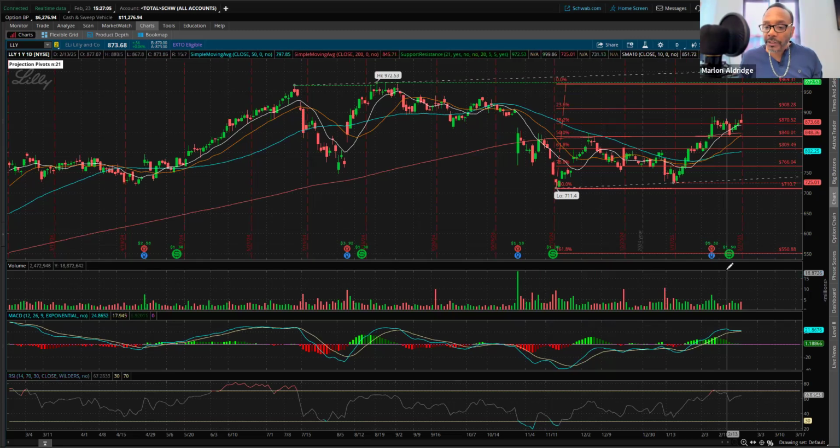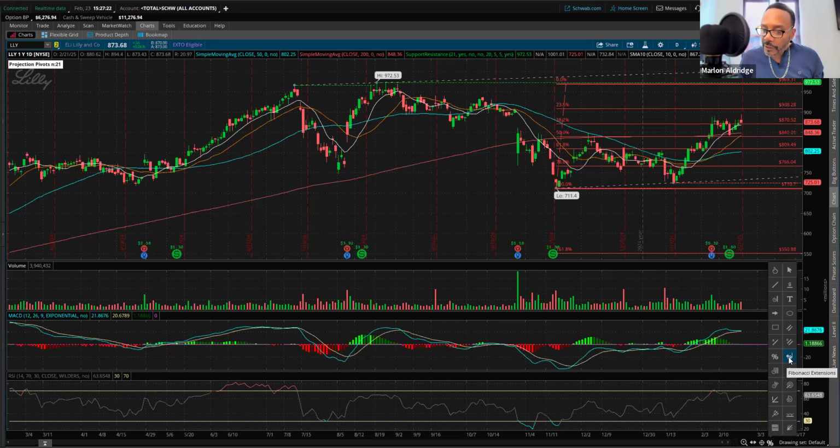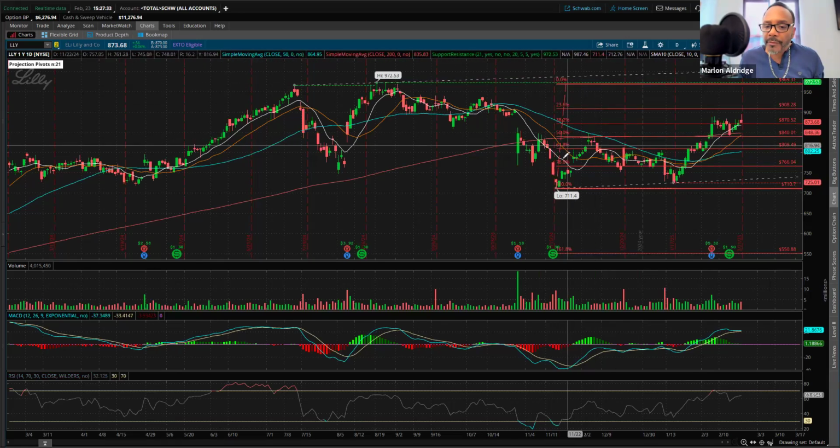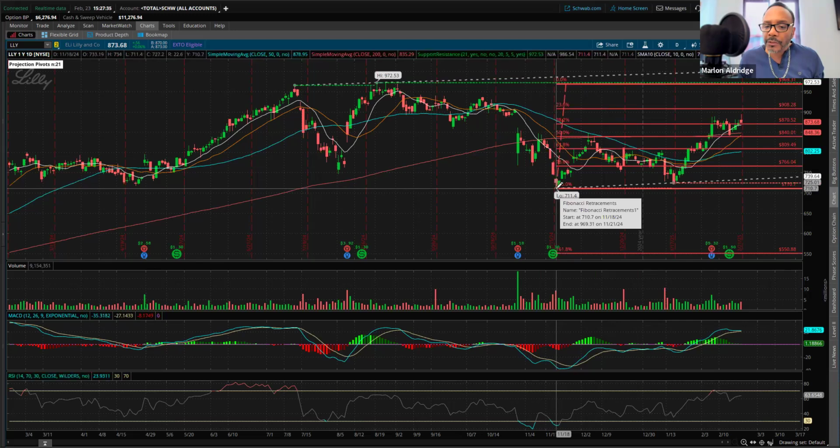Let's throw some extensions in there and see what happens. The extensions are going to help us to determine whether or not we can make some profit if it reaches another level. So I'm going to come down here and I don't know what kind of symbol that is, but you can see that it says Fibonacci extensions. I'll go ahead and put that in there. Use the same thing.